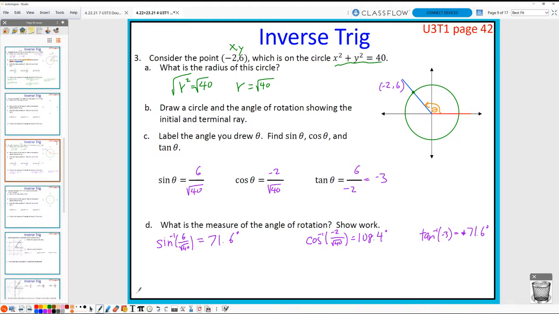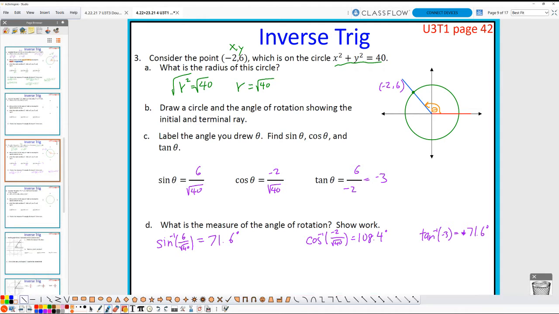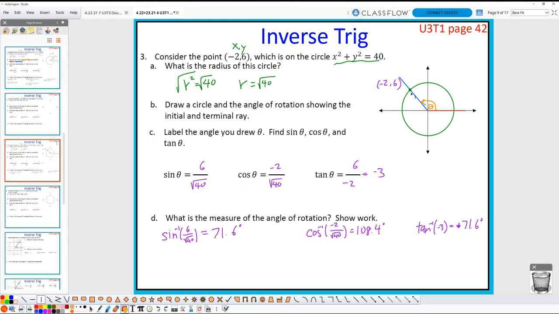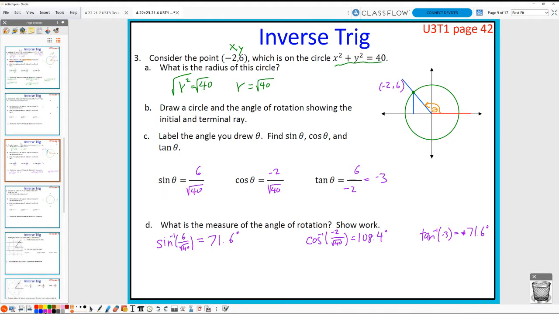And what is going on, at least for the inverse sine and inverse tangent, is that what the calculator is finding is, if I drop a base down this way, this angle. I'm going to call it something else just so we don't get confused here, but it's actually finding this angle alpha.